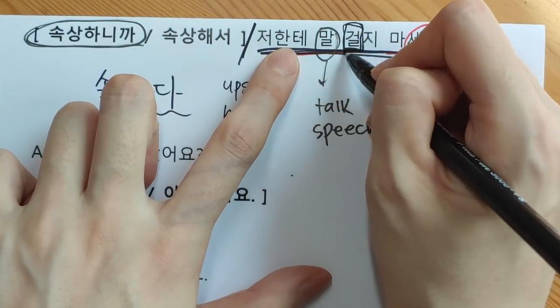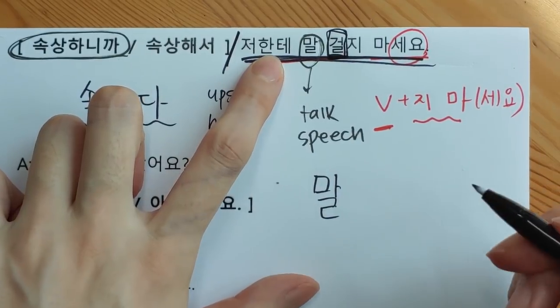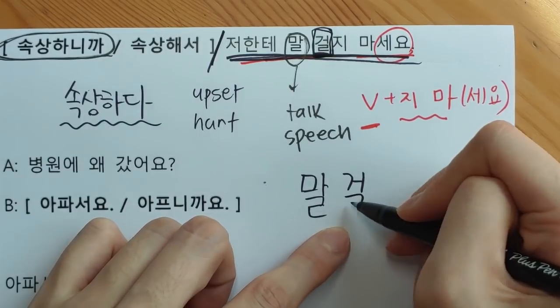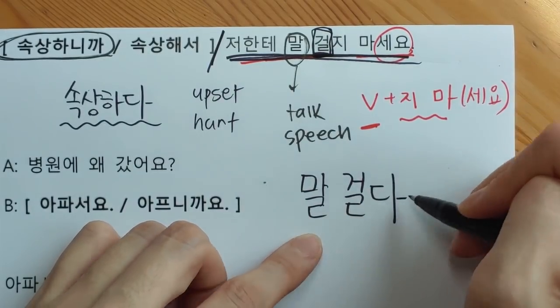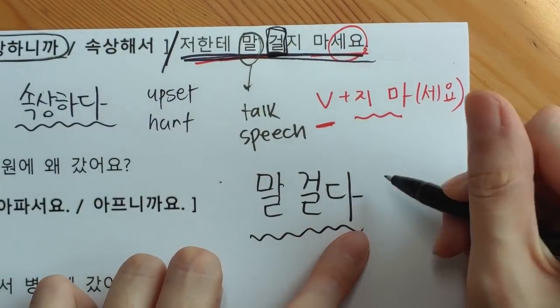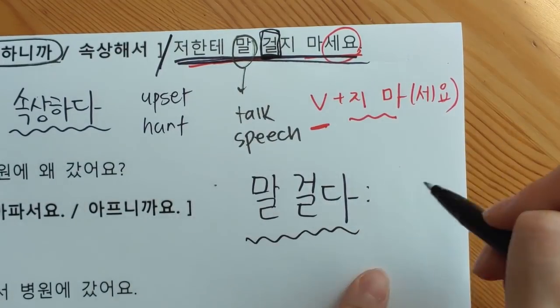So what does 걸 from 걸다 mean? 걸다 is a verb that means a lot of things, but when it's used with the noun 말, and you say 말을 걸다 or 말 걸다, it means to try and talk to someone, like initiating a conversation.